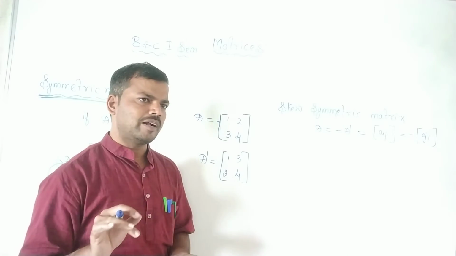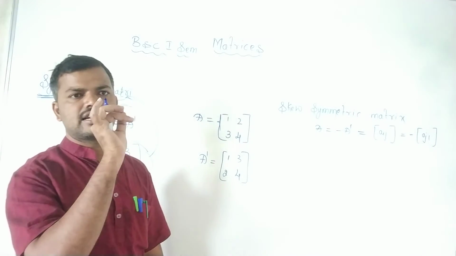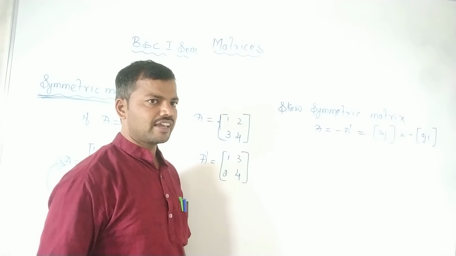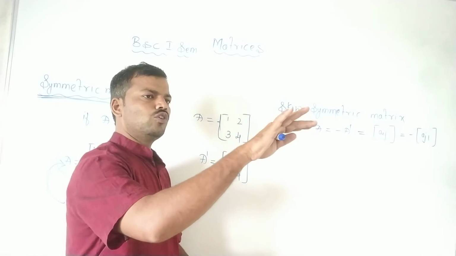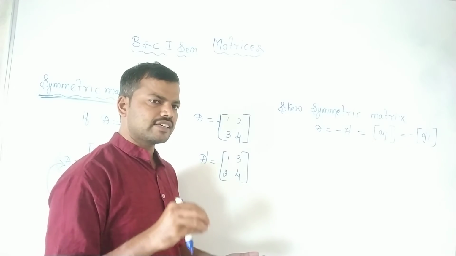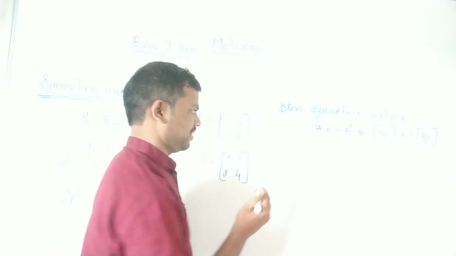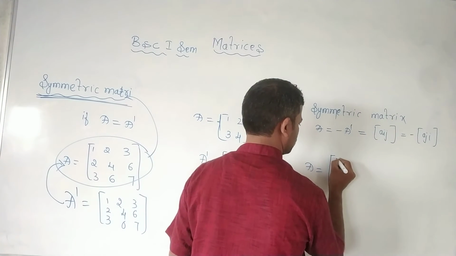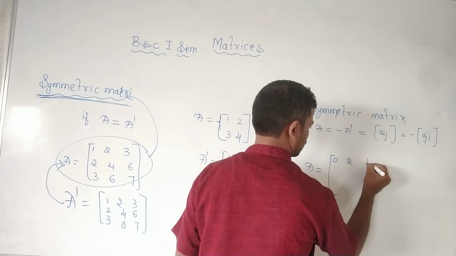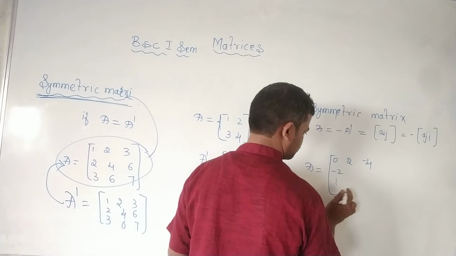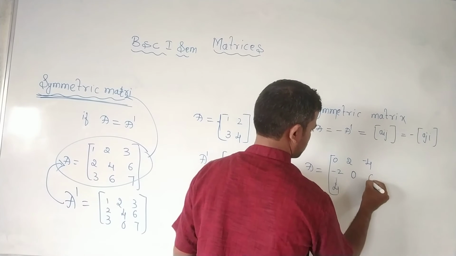For any square matrix, the first condition is that the diagonal elements should be 0. The non-diagonal elements, when you fold the square matrix, should show the same image with opposite sign. For example, A equals 0 2 4, minus 2 0 6, minus 4 minus 6 0.